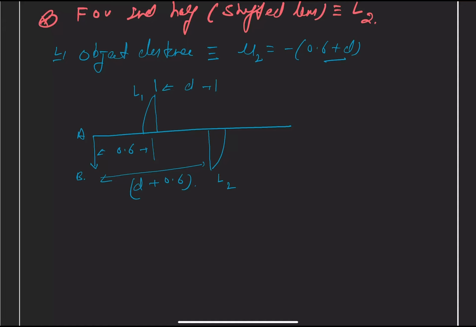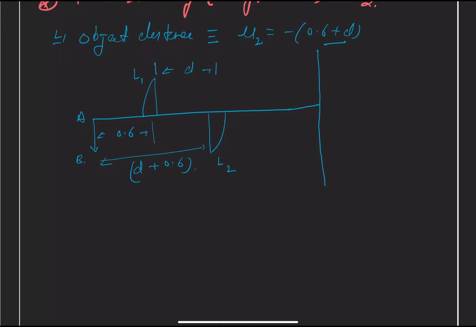And now we can find out also for the image. The image is being formed somewhere here, and we know that the distance of the image from L1, this entire distance is our 1.2 meters.